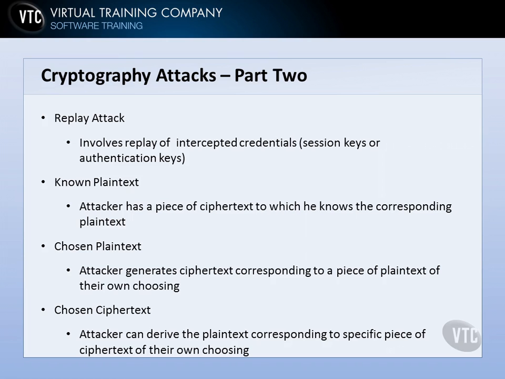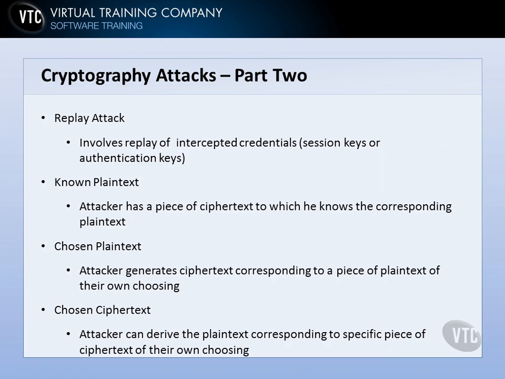If they can generate ciphertext and derive the equivalent plain text, then they can see how the algorithm works possibly. And then they can do the same thing to another piece of ciphertext and generate plain text. So they're doing this to figure out exactly how the plain text is derived. And so the goal might be to get a particular piece of plain text or to work on a particular piece of ciphertext to get the unknown plain text.